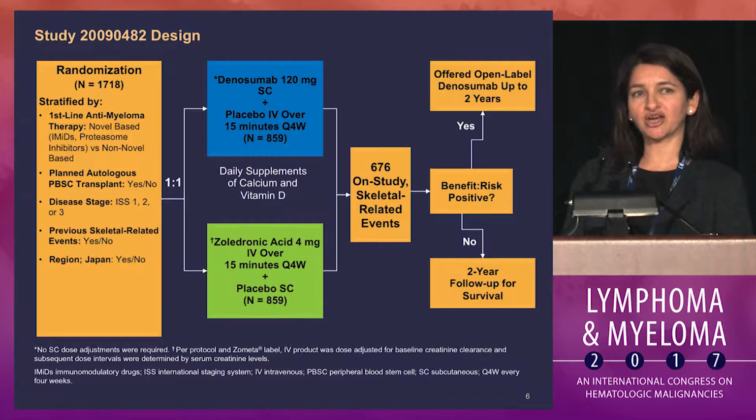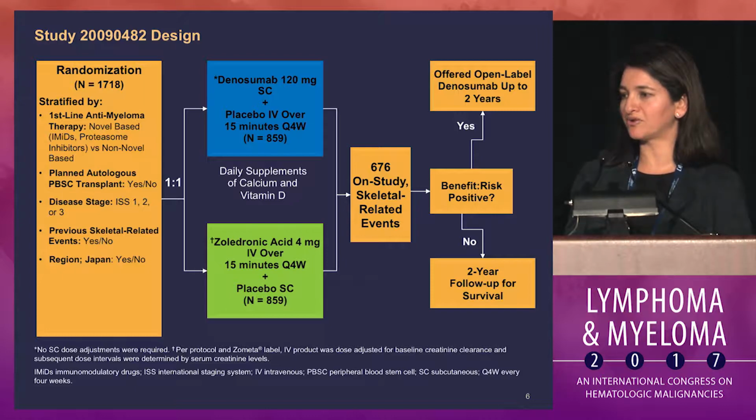And just to refresh everybody's memories, this was the 482 study. It is, in fact, one of the largest randomized multi-center international efforts in the myeloma world, wherein we've accrued a little over 1,700 patients. We did stratify these patients based on their anti-myeloma therapy. We also stratified for whether they would get an autologous transplant versus not, for disease stage, as well as whether they had an SRE at the time of presentation or not.